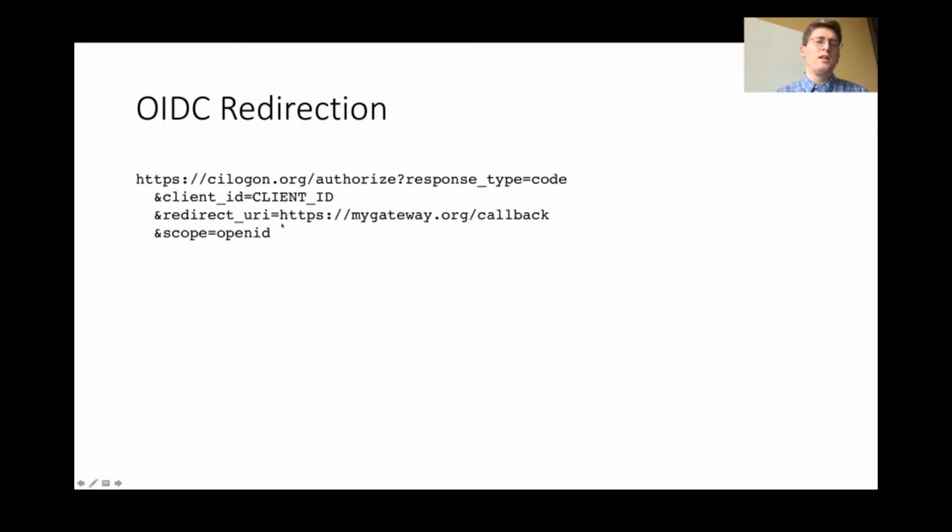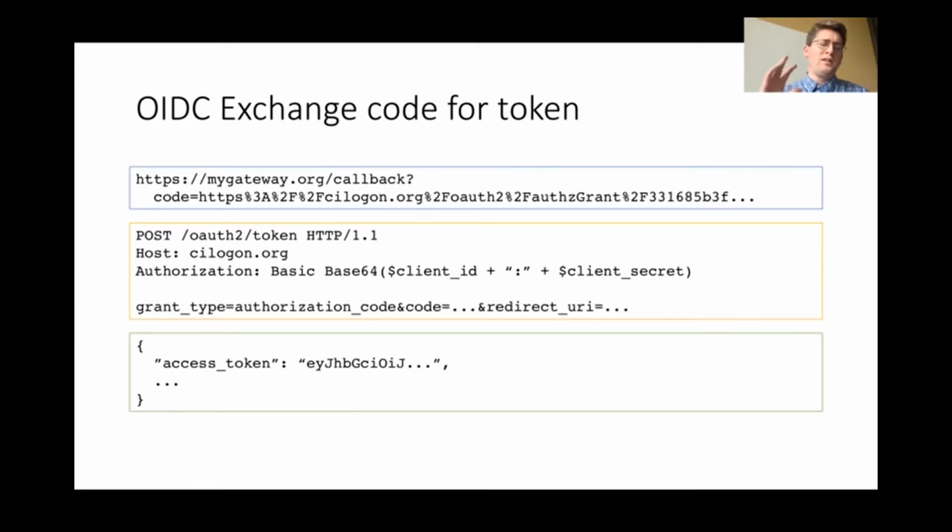This is where you want CILogon to redirect back to when it comes back to your gateway. And the scope. We want to gain access to OpenID information. From the gateway's perspective, what institution the user picks at CILogon is not terribly important.